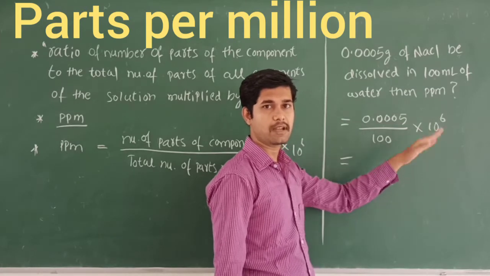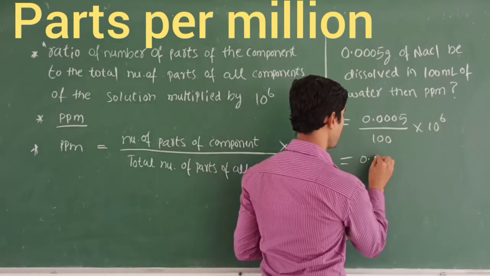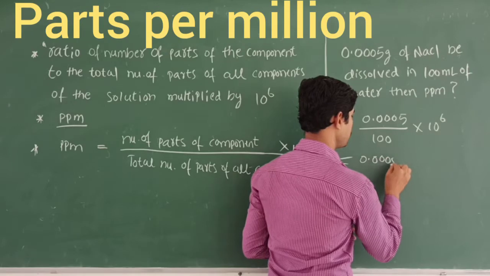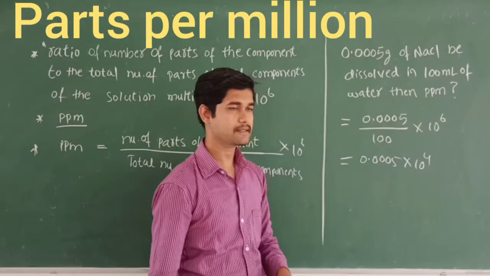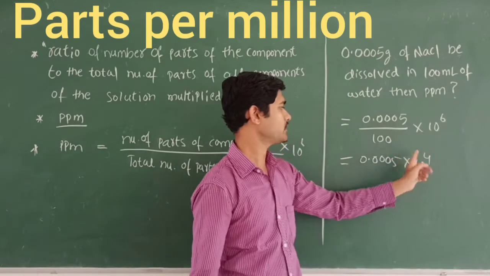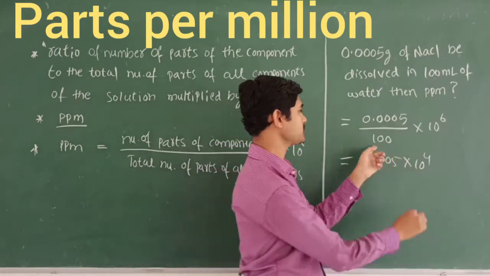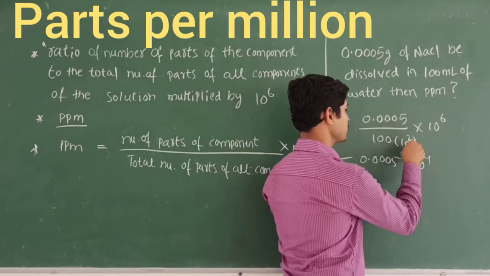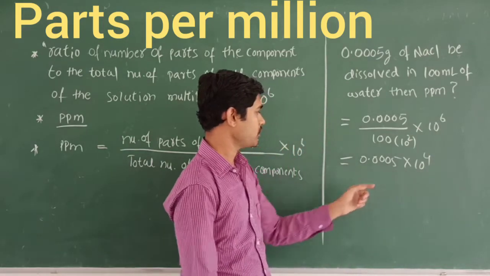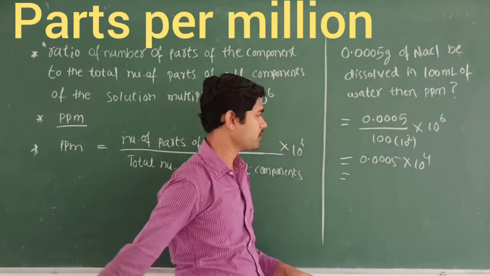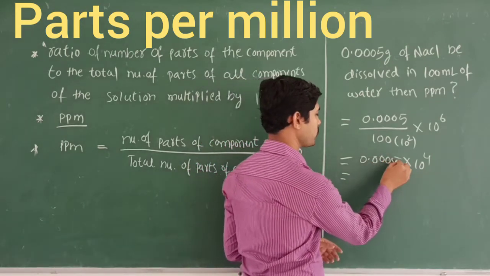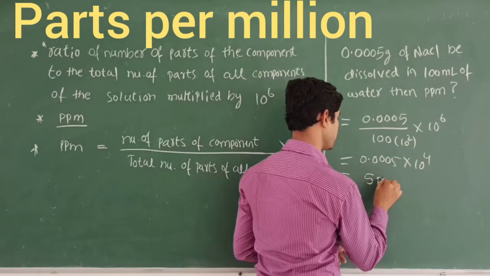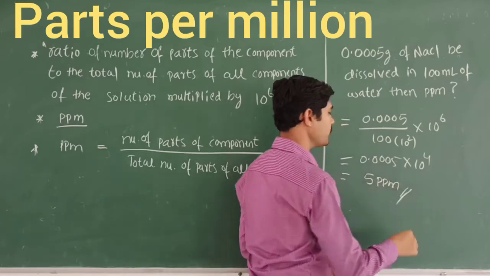So 6 minus 2 is 10 power 4, by the laws of indices. So 0.0005 into 10 power 4. When you apply this 10 raised to 4 here, moving the decimal 1, 2, 3, 4, that is 5 ppm. The answer will be 5 ppm.